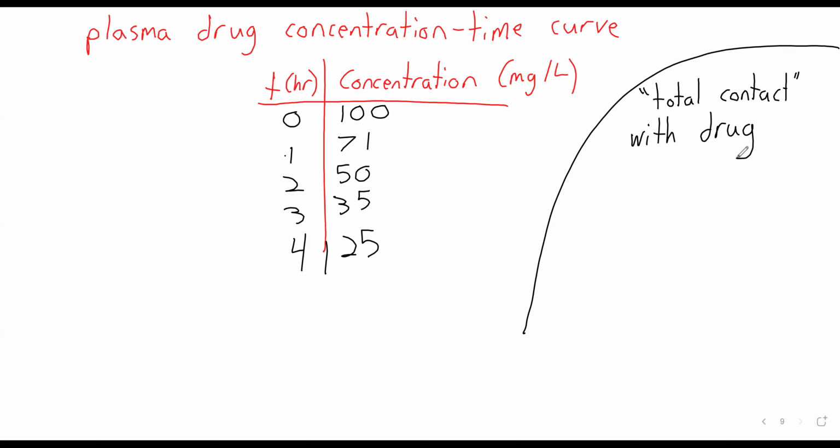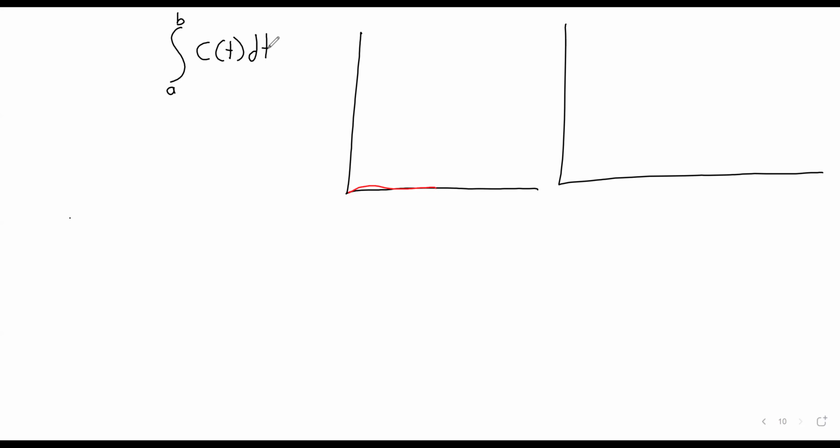If the concentration graph looks like that, the patient is not being exposed to a lot of the drug. If the concentration graph looks like that, the patient is being exposed to more of the drug.